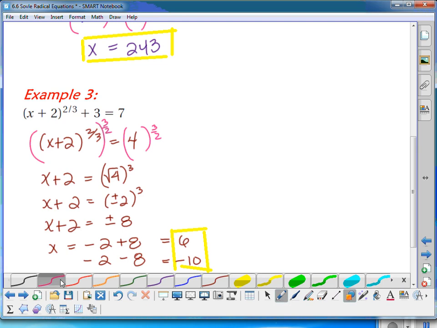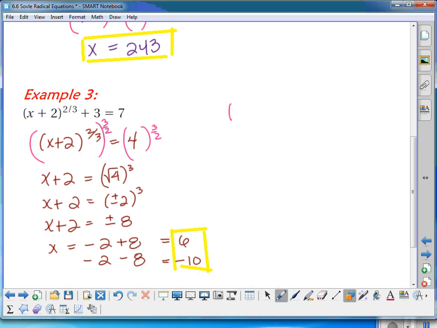And if I go back and check my answer in the original equation, I get 8 to the 2/3 plus 3 equals 7. And so that's the cube root of 8, which is 2, squared, or 4, plus 3 equals 7. So that one works.